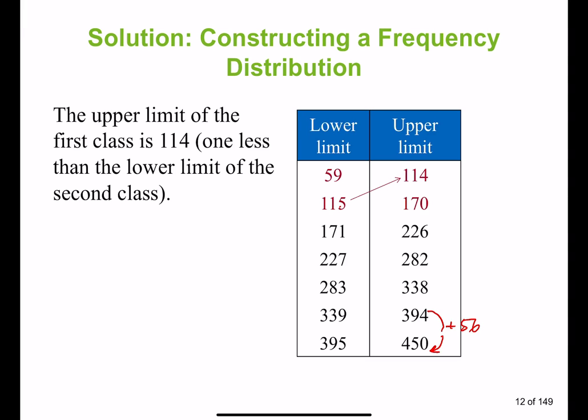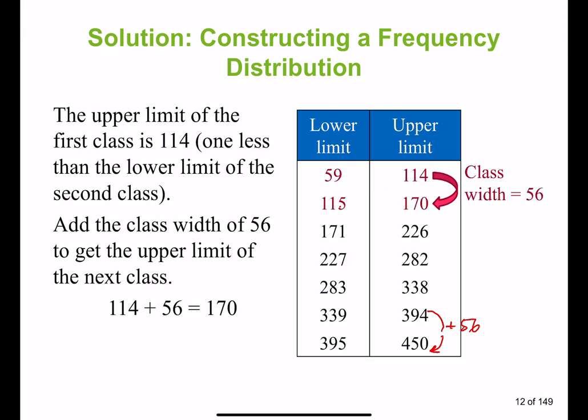So this is how we build our frequency distribution with class width 56. If you subtract 170 minus 114, it's 56, 56, 56, and so on. That's exactly what it's showing here.